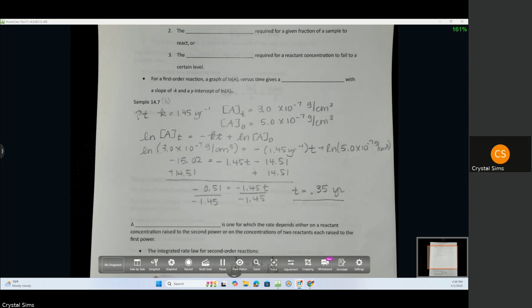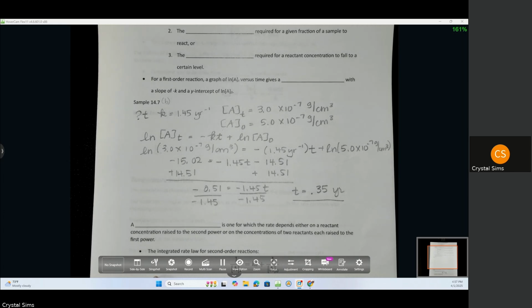They give us our rate constant, so they give us K, and they give us the initial pressure, which is 135 torr, and they want to know what its pressure is after 1420 seconds. Even though we're not dealing specifically with concentration like we have here, we're dealing with pressure, we can use the exact same equation to solve this problem.